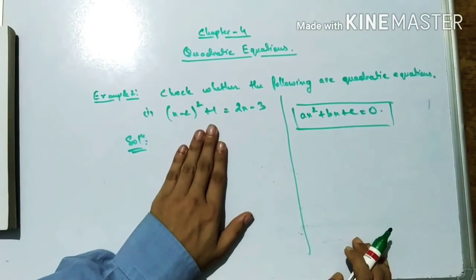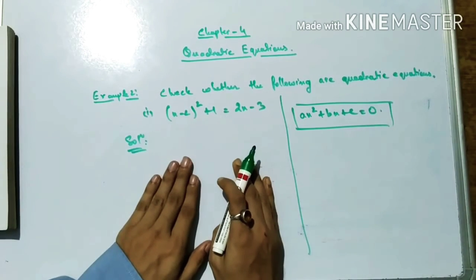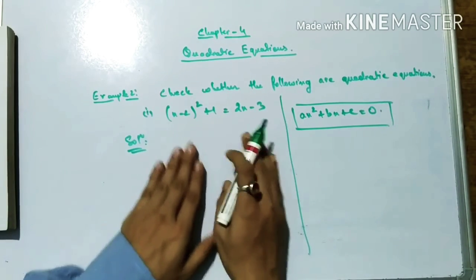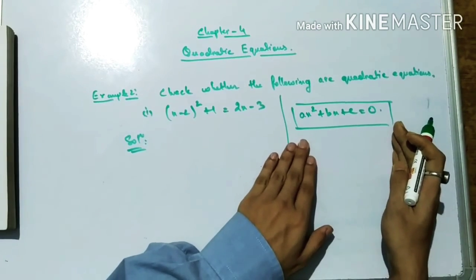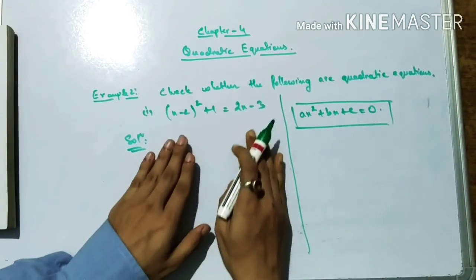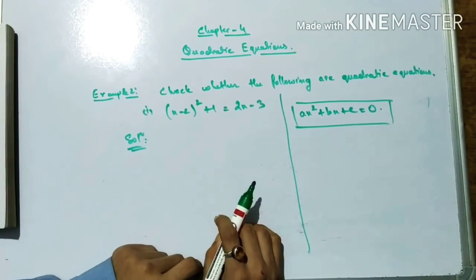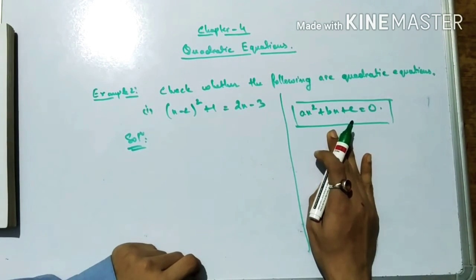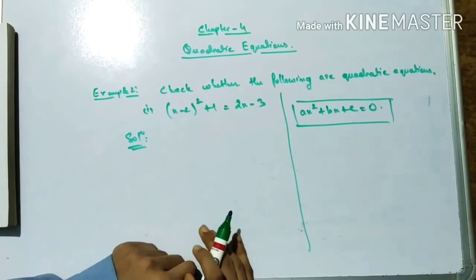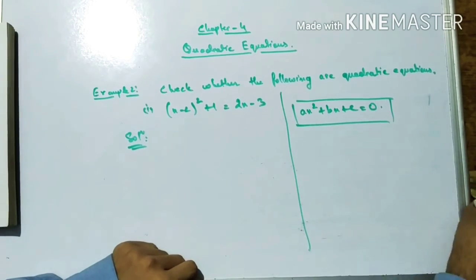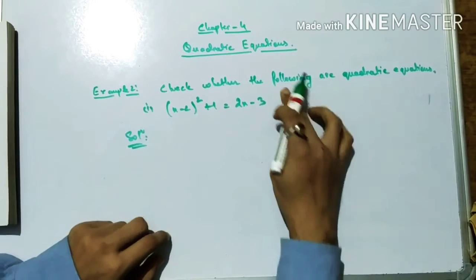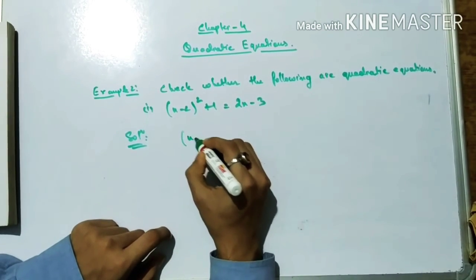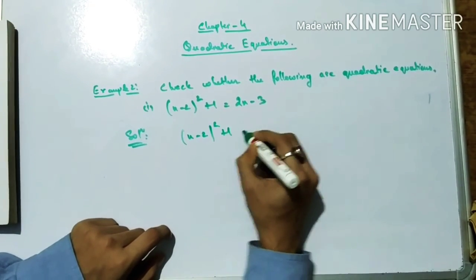I will have to arrange it, and if I can bring it in this form, then I can say that this equation is a quadratic equation. If I cannot bring it in this form, then I will say that this equation is not a quadratic equation. Understand?